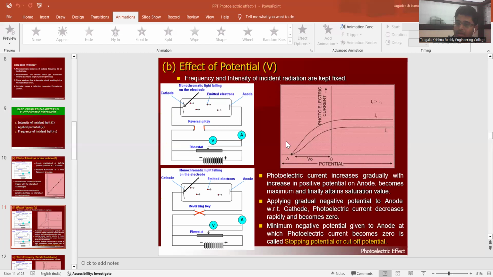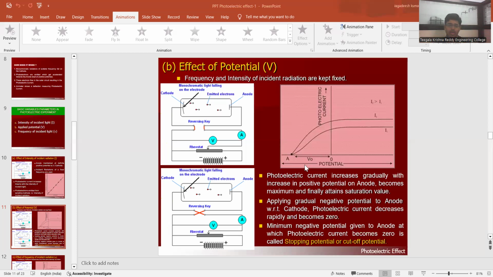That potential is called the stopping potential, or cut-off potential.